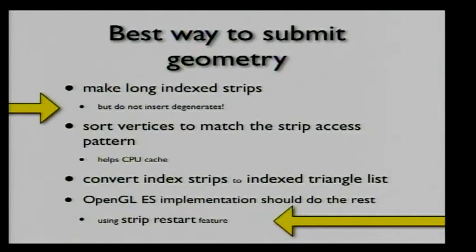So the best way to submit geometry, because we have a strip restart, would be to use indices, to start with doing very long indexed strips, but not concatenate them with degenerates, just keep lots of strips.